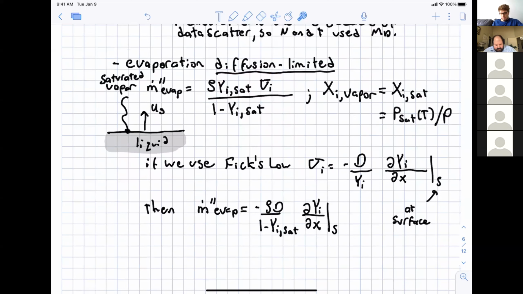And so yeah, then if we use Fick's law, we can reduce this further, where basically the diffusion velocity using Fick's law is some mass diffusion coefficient over Yi times the gradient of Yi. But here we only care about it at the surface, and so I'm just defining this to be the gradient of Yi with respect to the surface direction at the surface.